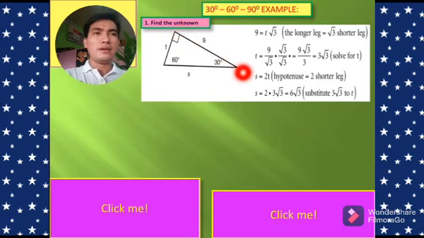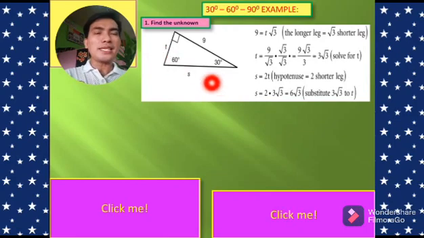So as we substitute, 9 is equal to T times square root of 3. By simplifying, the answer is going to be 3 square root of 3. Is that clear? So our T here is equal to 3 square root of 3.